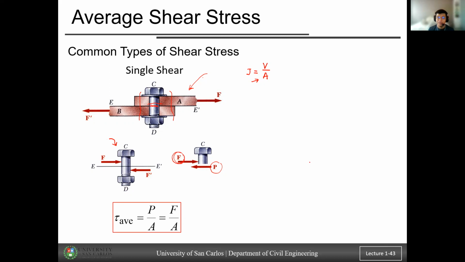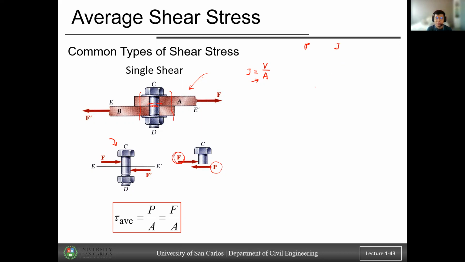Nilain na po ng iyang variable. To avoid confusion, stress is equal to force over area. I think there are only two kinds: this one is normal stress, and this one is the shear stress.